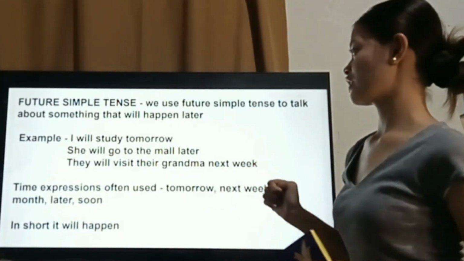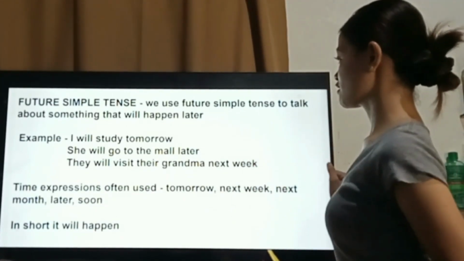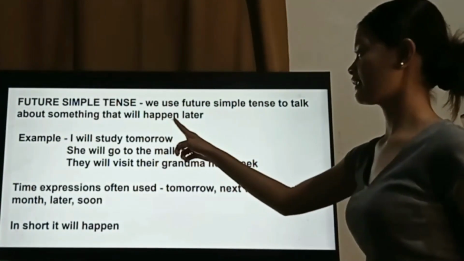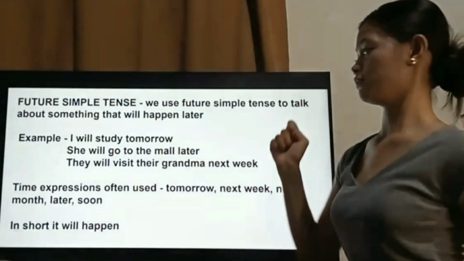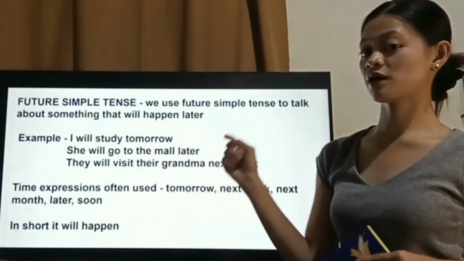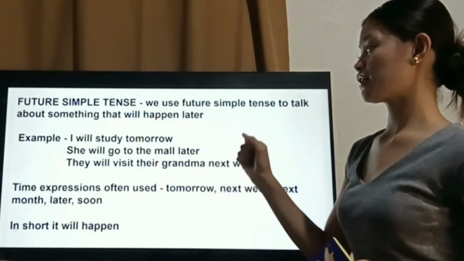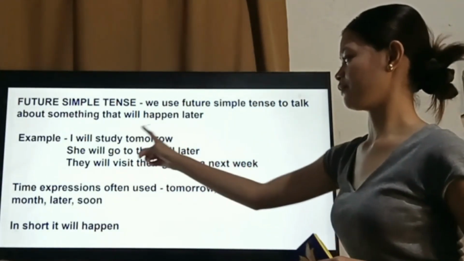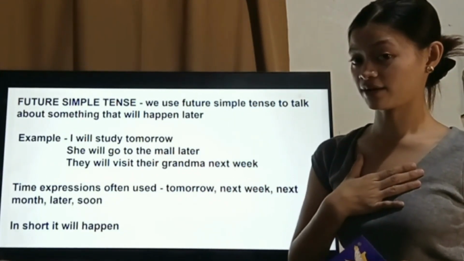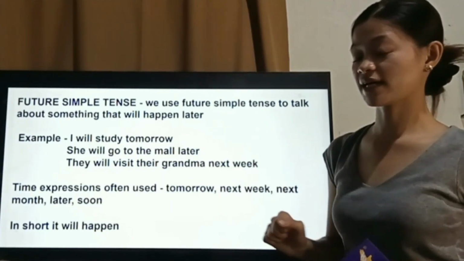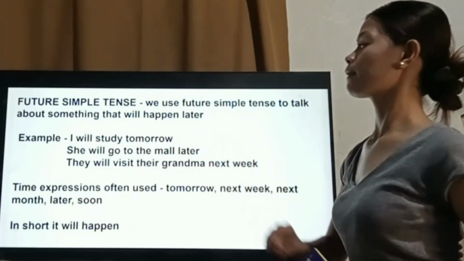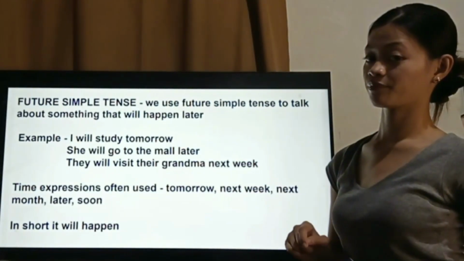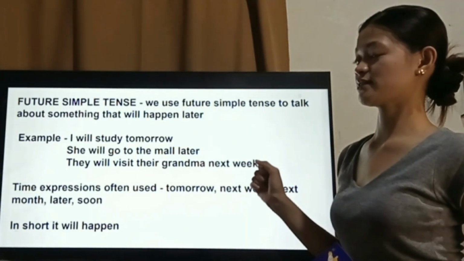Future simple tense. We use the future simple tense to talk about something that will happen later. For example, I will study tomorrow. The future time there is tomorrow because I will study in the future. Second example, she will go to the mall later. So what is the future time there?